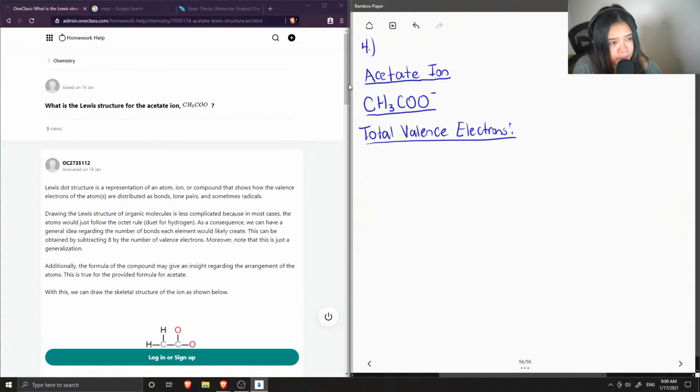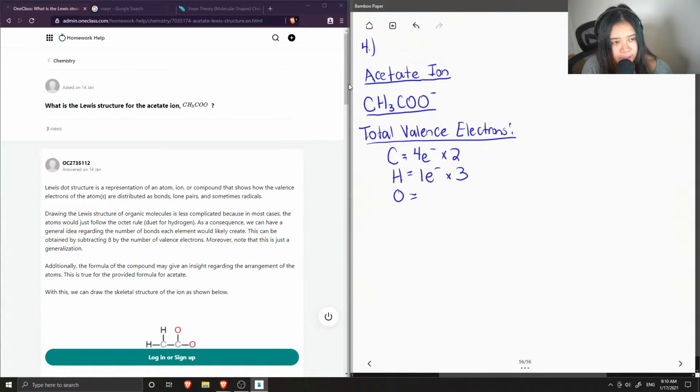So in the case of carbon, carbon has 4 valence electrons, and there are 2 carbon atoms, so we multiply this by 2. Hydrogen has 1 valence electron, and there are 3 hydrogen atoms, so we multiply this by 3.